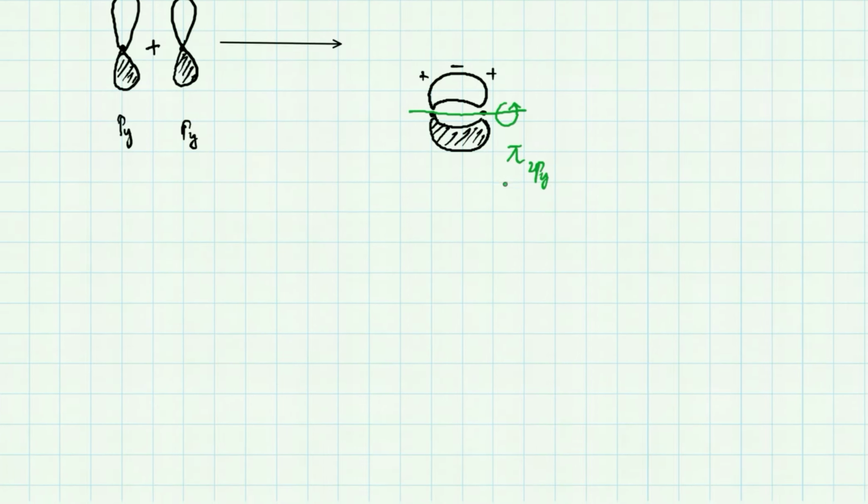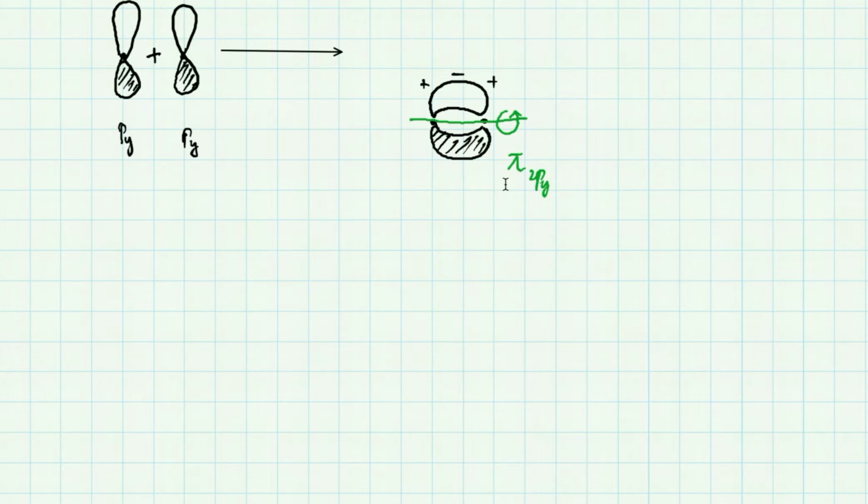So this is the way these p orbitals can combine together to give rise to these sigma and pi bonds.